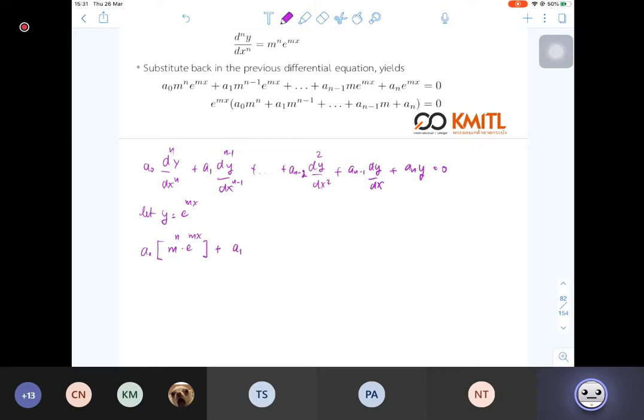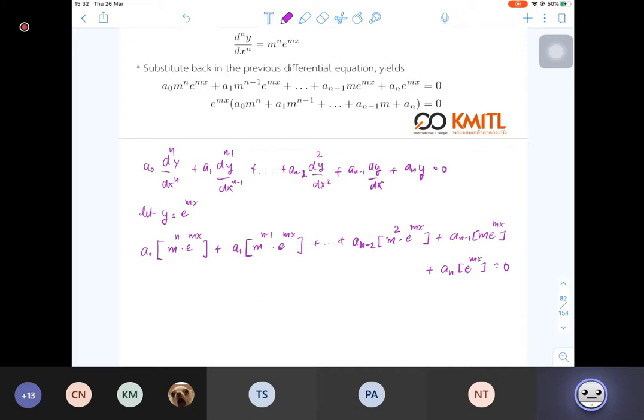Plus a1 m to the power of n minus 1 e to the power of mx, and so on until a n minus 2 m squared e to the power of mx, plus a n minus 1 m e to the power of mx, plus a n e to the power of mx, equal to 0.